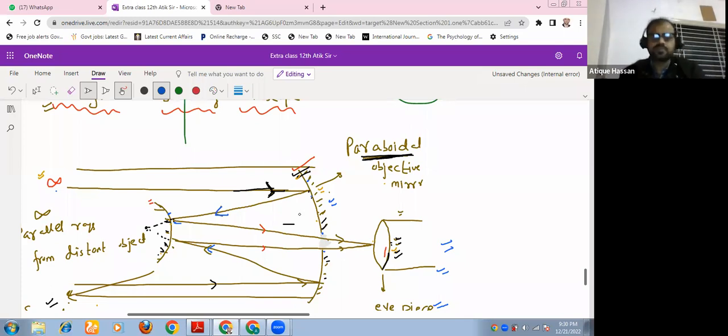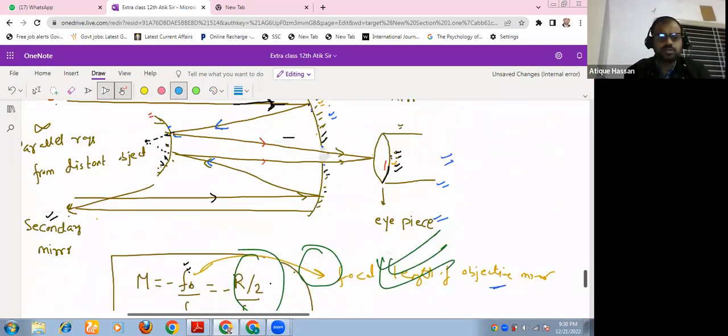That is why, to have better quality of image as well as no loss of light intensity, we are using a reflecting type of telescope. Here we are using two mirrors in place of two lenses, where one mirror is this one. So basically we are using two mirrors to avoid that kind of problem.